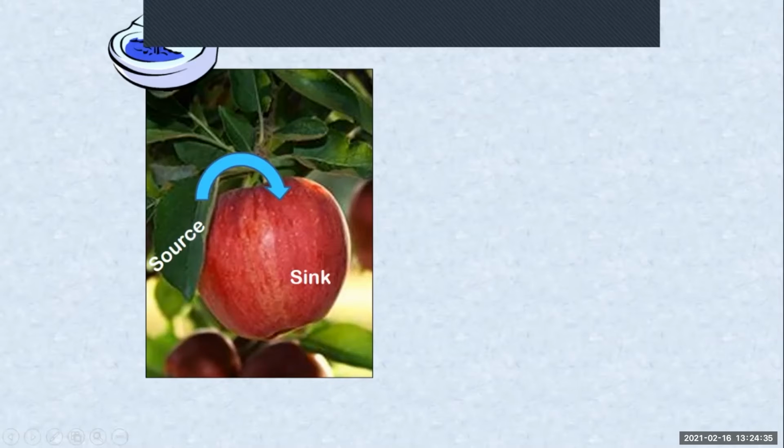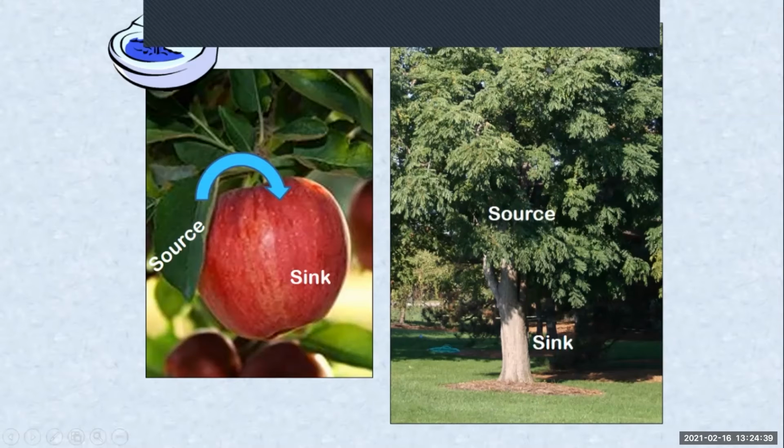So there's your source-sink relationship there. Another source-sink relationship would be the leaves sending carbohydrates down into storage in the trunk or in the roots. So the leaves are the source, the trunk or the root system becomes the sink because they receive those carbohydrates.